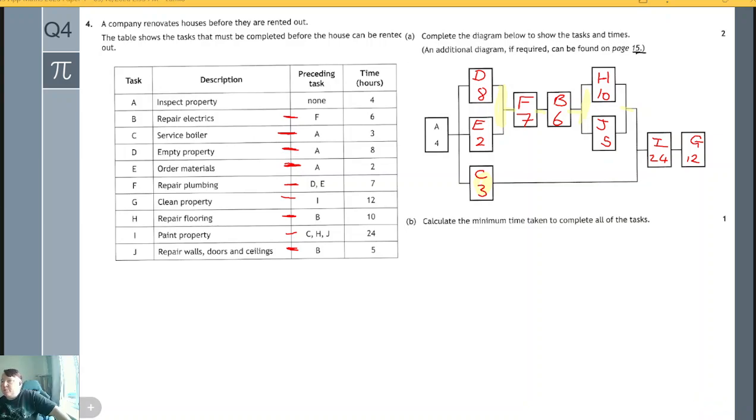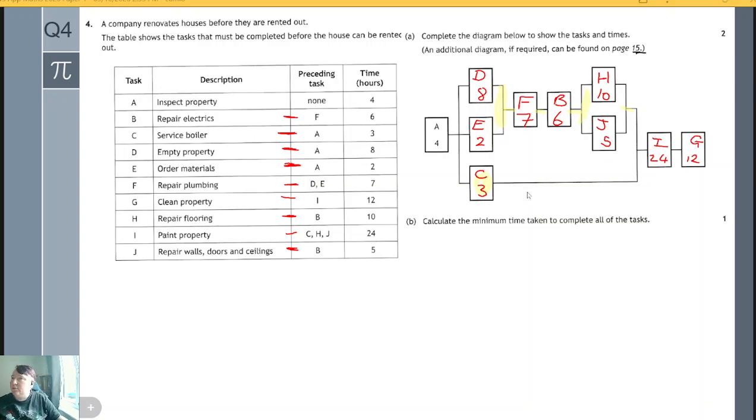Okay, so we need the minimum time taken to complete all the tasks. Now that doesn't mean we go the fastest bit. We need to look at how long it would take to do every bit of it. So we are actually using our maximum times where more than one thing's happening at once.